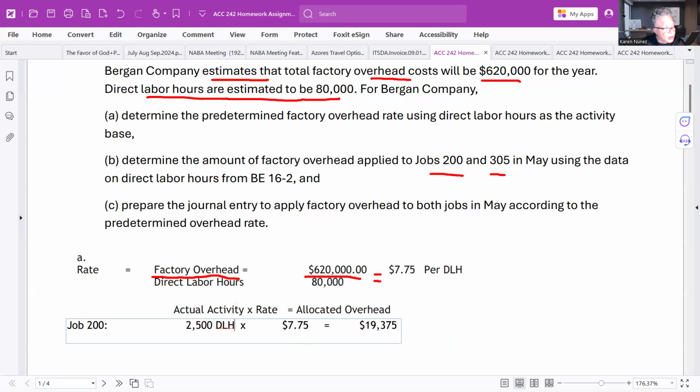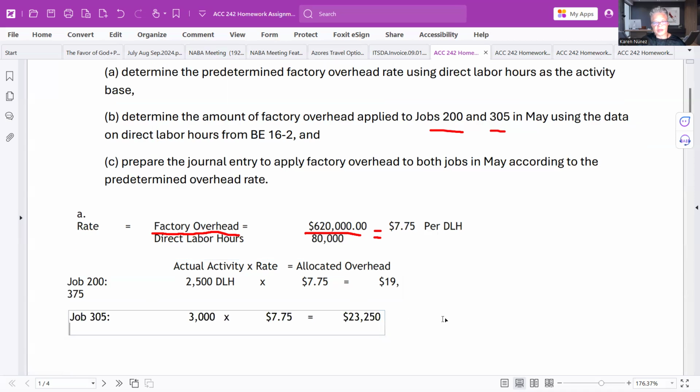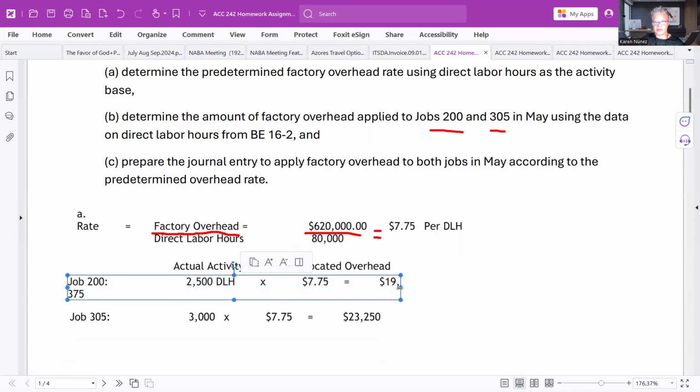And we would do the same thing for job number 305. For job number 305, we're going to take the actual hours that we can trace to that job. We can trace 3,000 direct labor hours to that job.